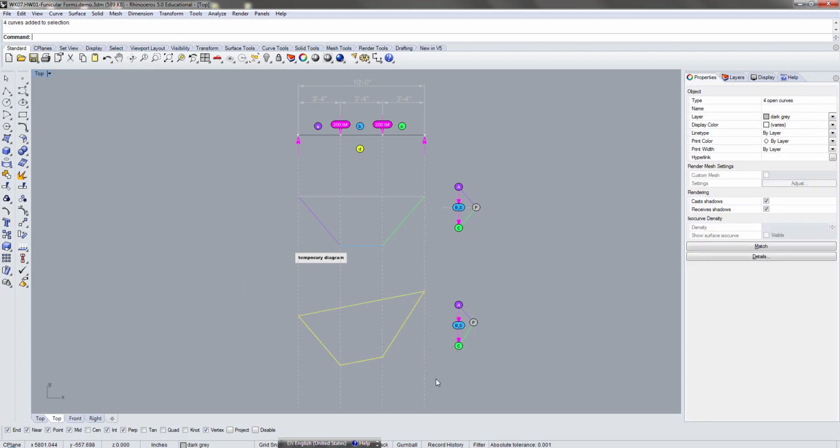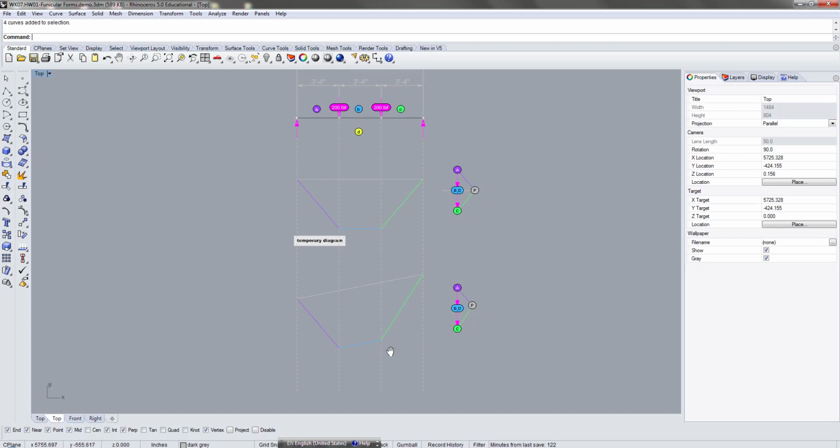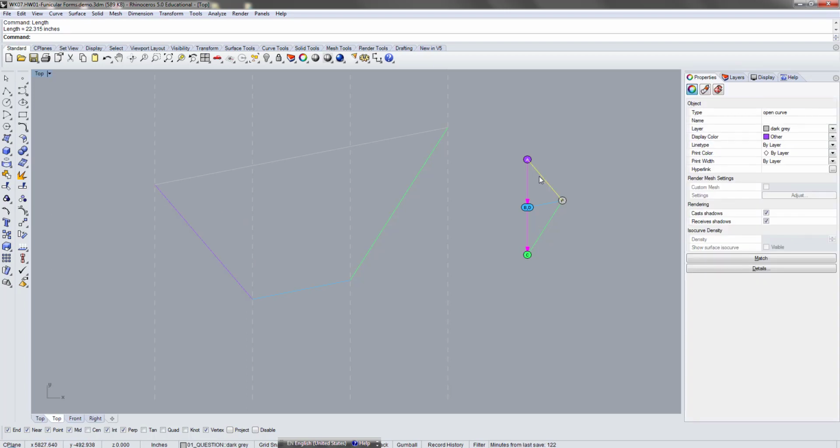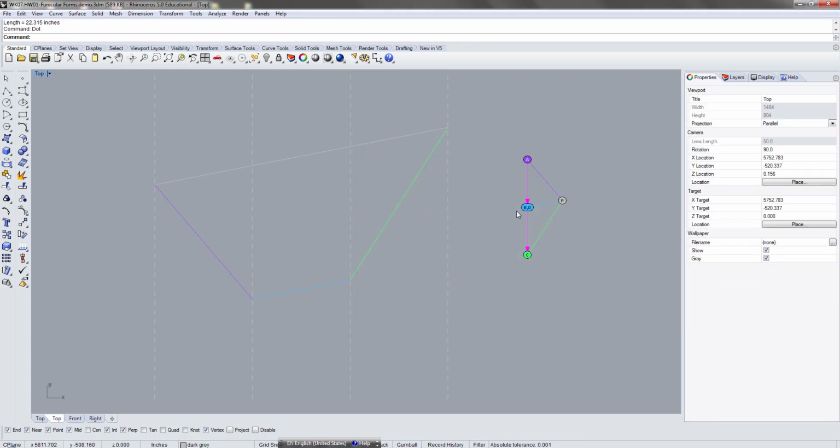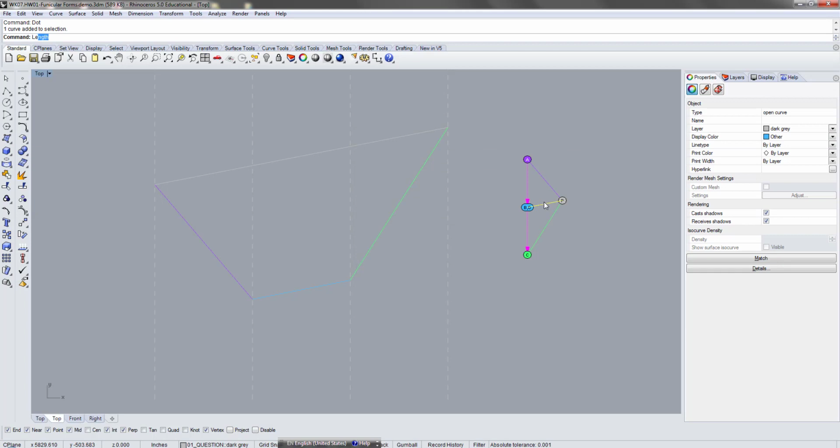And we have this closed polygon, so we know that this diagram is correct. So basically this is the shape that the cable should take. We can already identify the internal forces by getting the lengths again and applying the force scale.